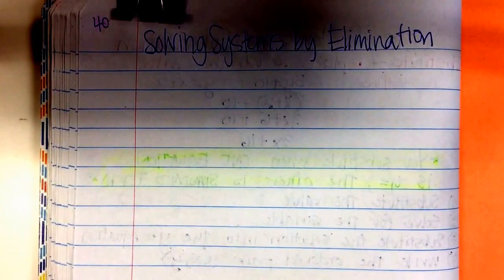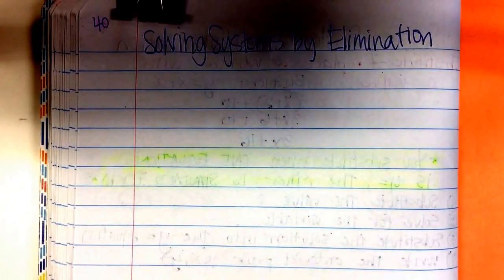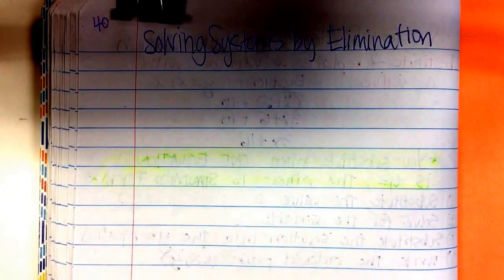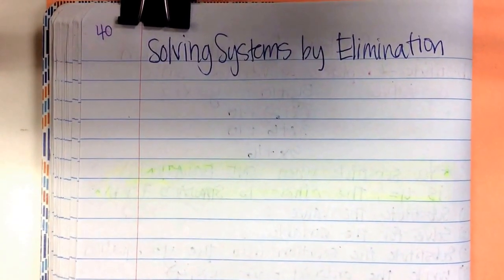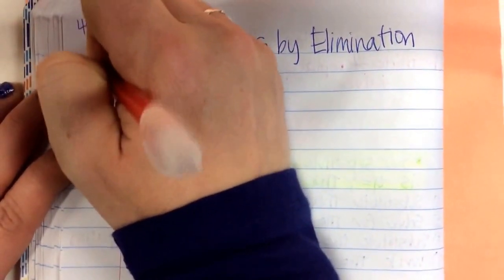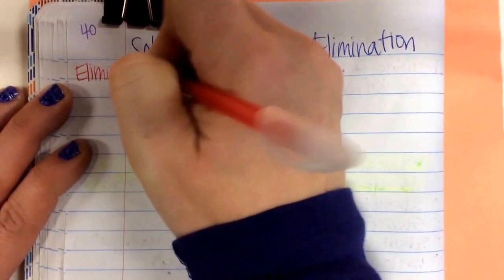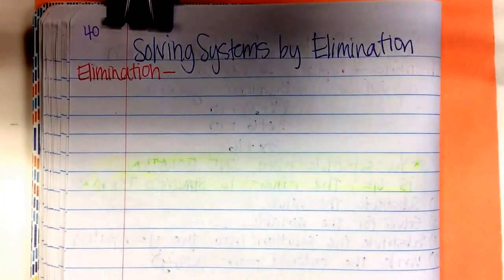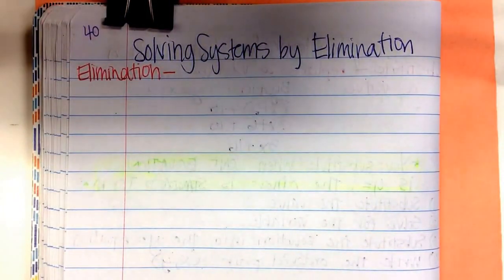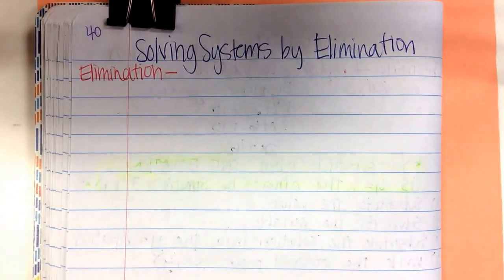I'm going to teach you the easy way out, and then we'll talk about the more mathematically sound way of doing it later on. But so elimination today, elimination means to get rid of, right? If we're eliminating it, we're taking it off the table, we're removing it.